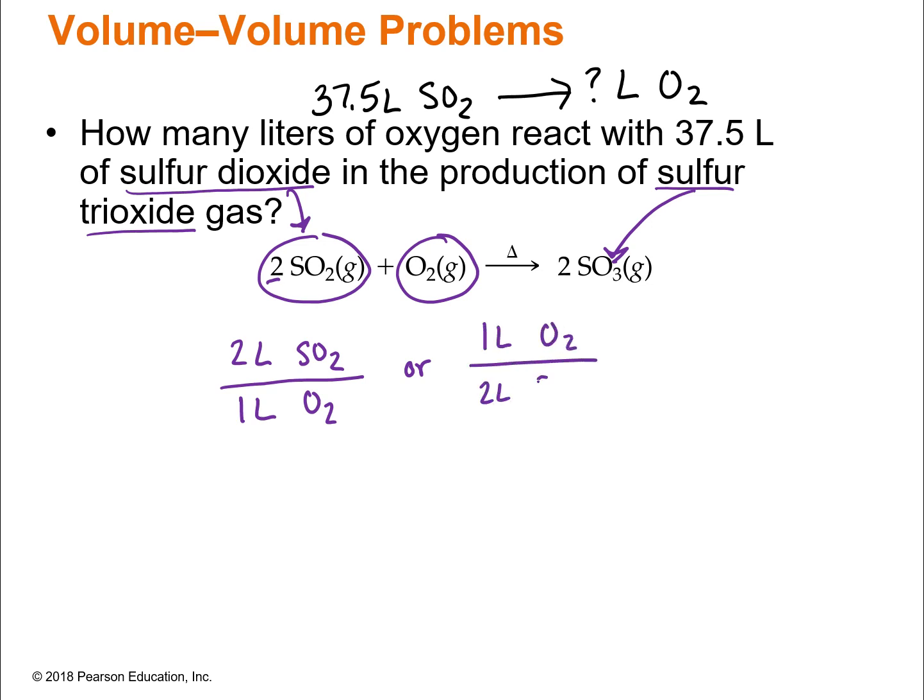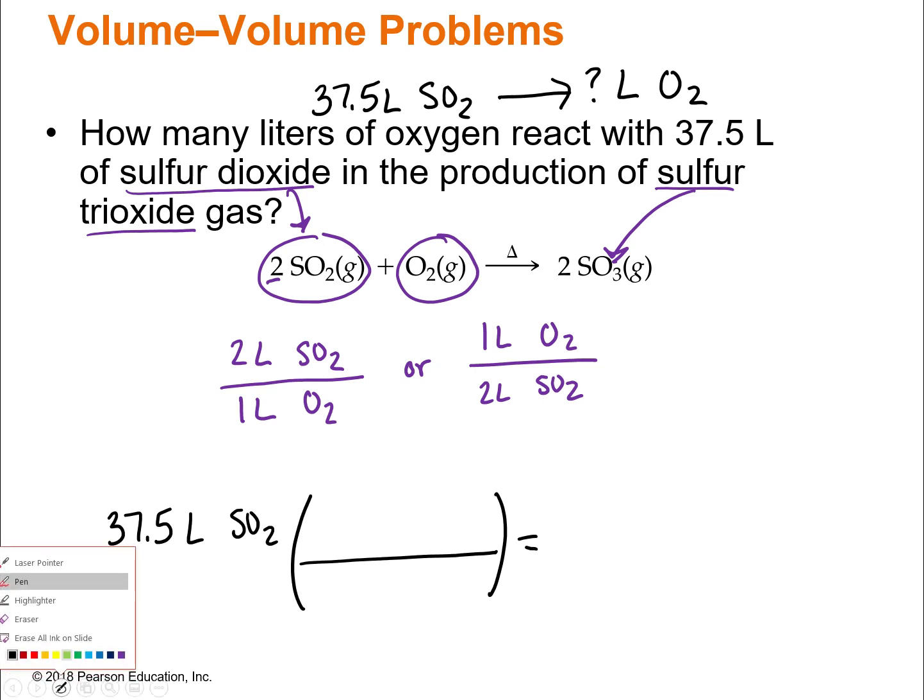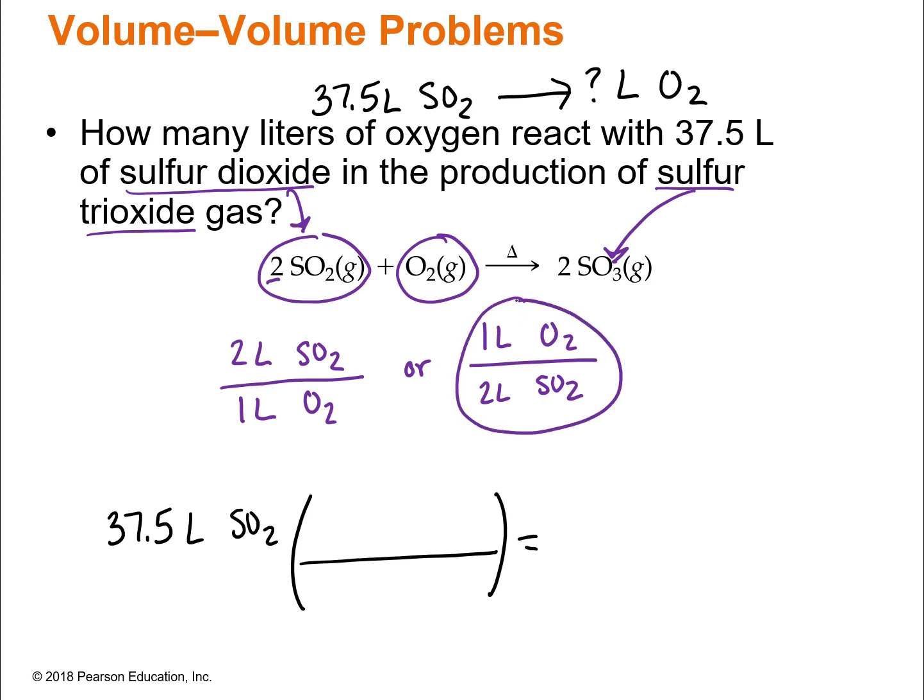Then you write the reciprocal, so it's going to be one or the other. We're trying to get from sulfur dioxide to oxygen. Sulfur dioxide is in the numerator. We need it to be in the denominator of our ratio.